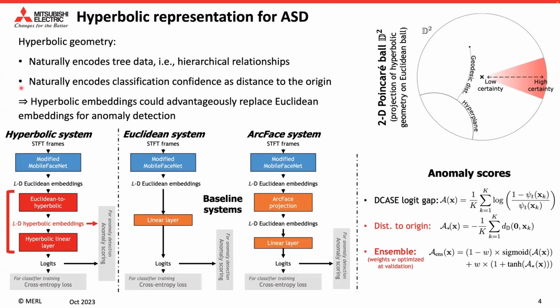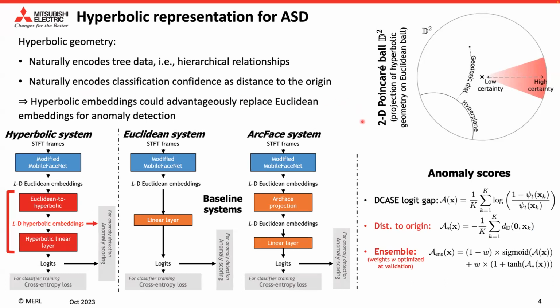And a more recent finding is that when looking at the geometrical distribution of embeddings for classification in a hyperbolic sense, it has been found that some notion of classification confidence correlates quite strongly with the distance to the origin.